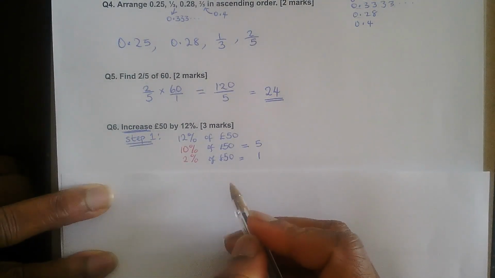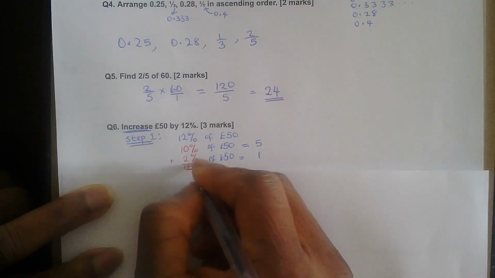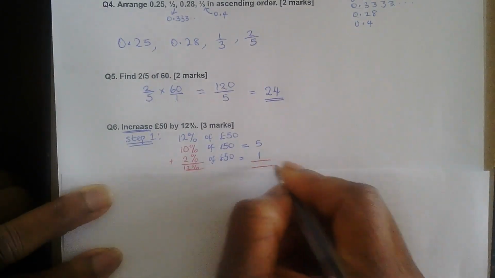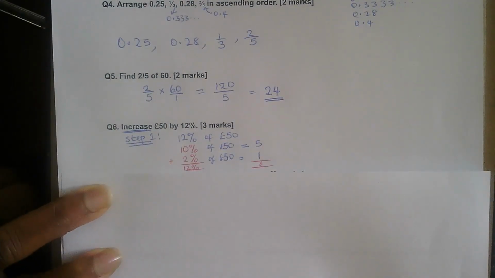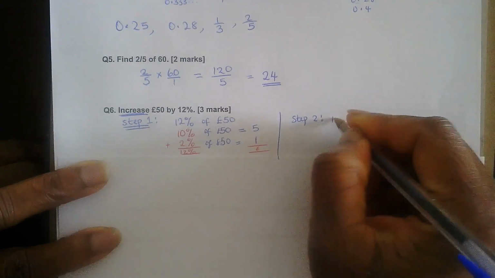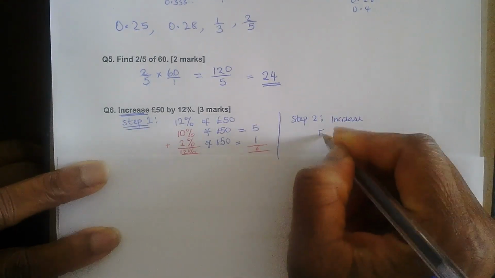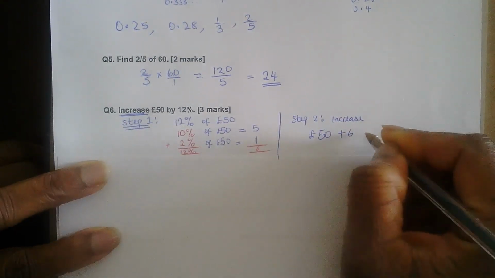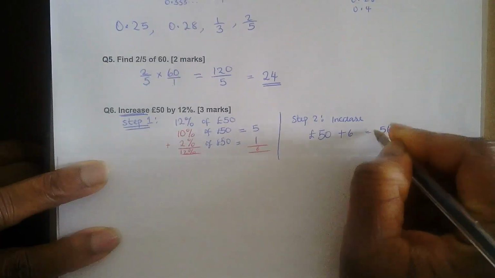Add that and you get 1 altogether. So 12% is £6. Step 2. The increase is £50 plus the 6, which is £56.